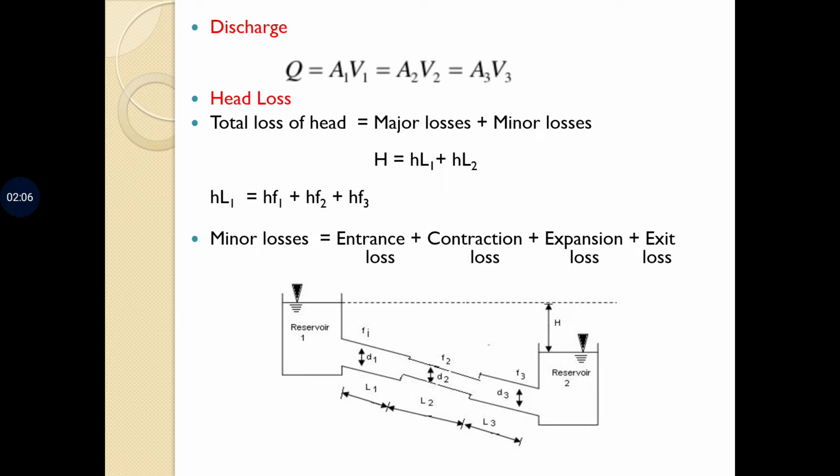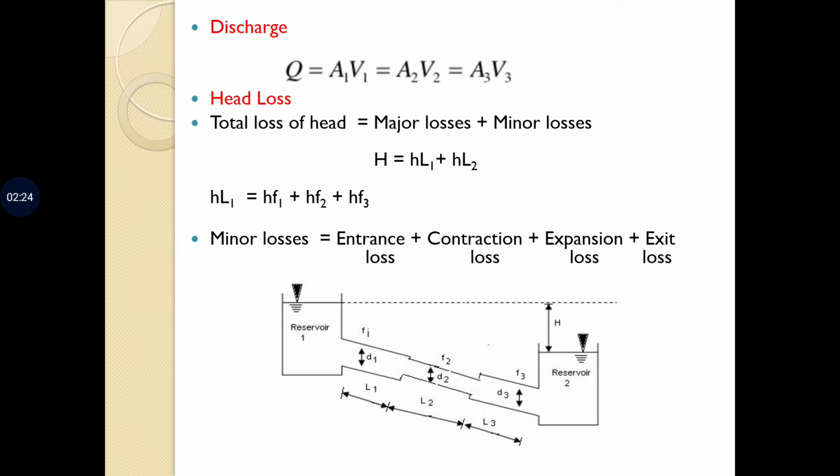Minor loss occurring is due to entry, next due to sudden expansion, sudden contraction and due to exit. Let us see the equations for it. So head loss is represented by H, next is the major loss, next is the minor loss.